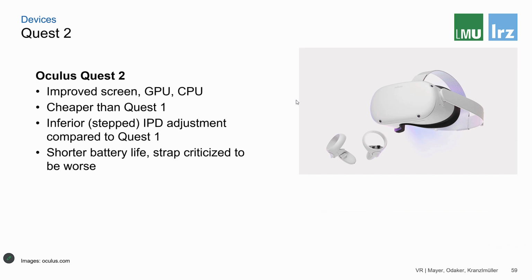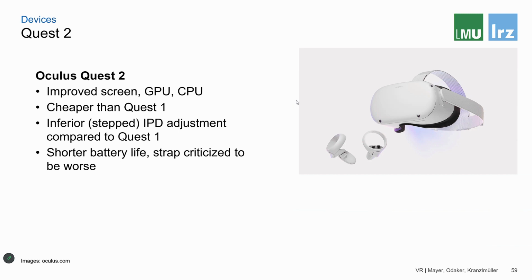So stepless is better, and it was a big criticism for the Quest 2, but overall it was very cheap. It's still being sold. The Quest 3 is actually not a successor. That meant it was discontinued. It is still being produced and is still being sold. And in a sale, I think you can get it as low as 300 euro for a cheaper version. So it is quite a cheap way to get into VR now.